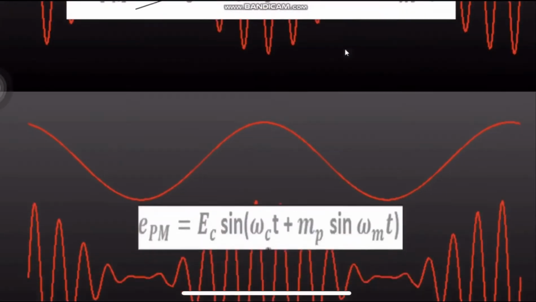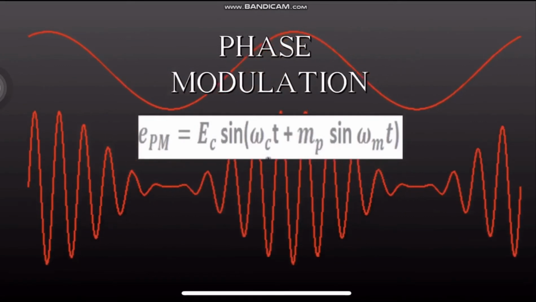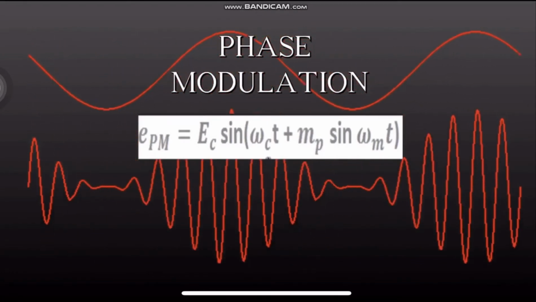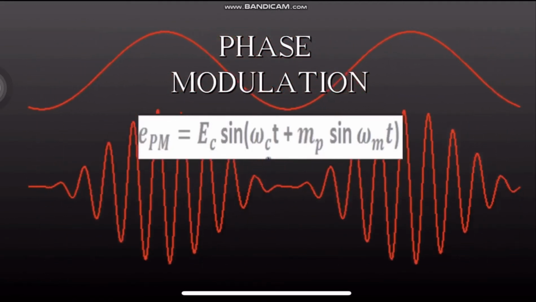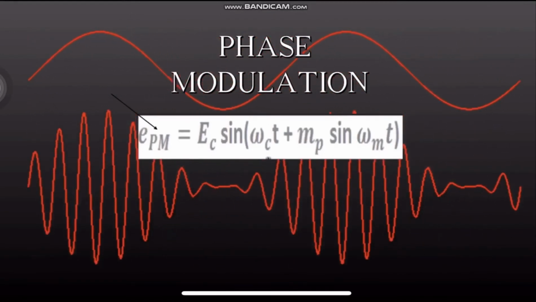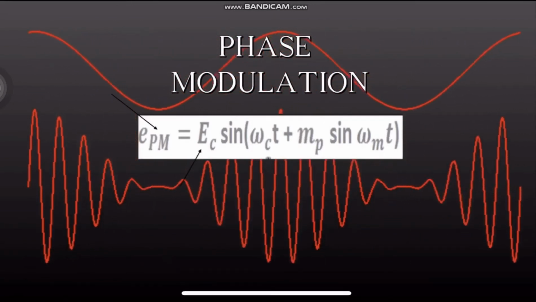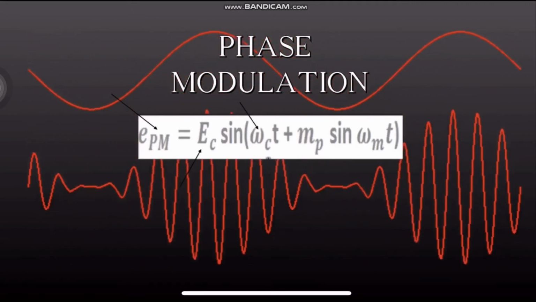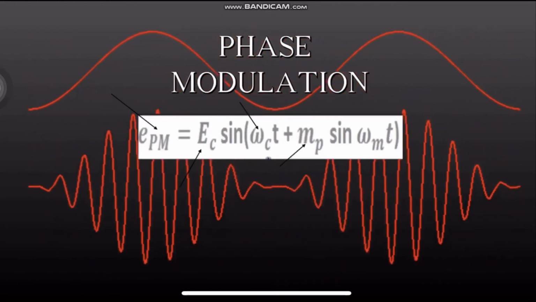Let us now proceed to phase modulation. It is a form of angle modulation where the phase of the carrier is varied in accordance with the instantaneous value of the modulating signal, where it is the instantaneous value of the PM signal, the max amplitude of the carrier, the carrier angular frequency, and the modulation index.